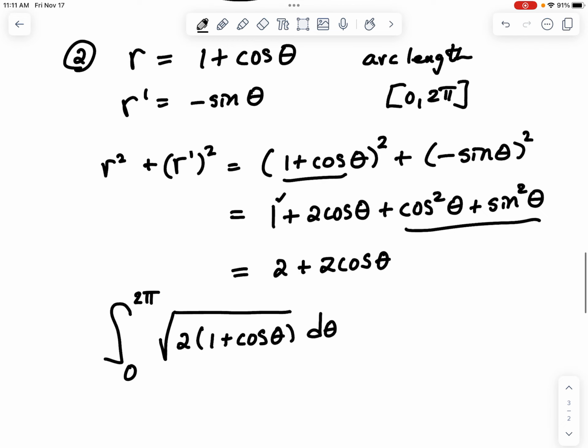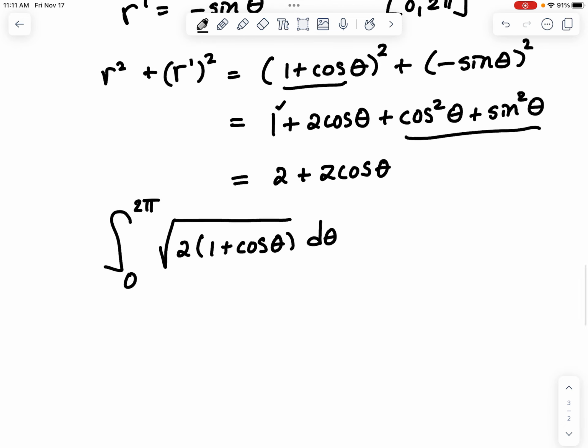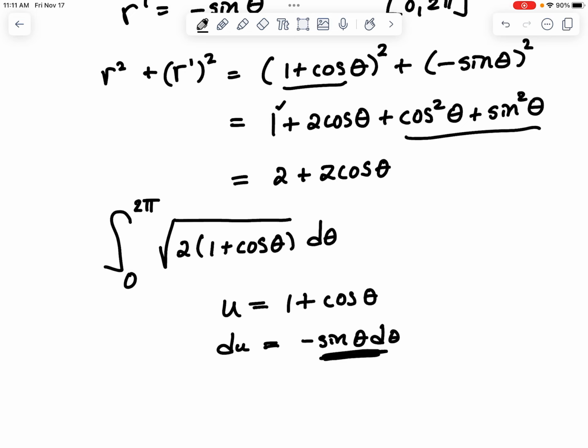Sorry, I thought I lost a negative sign, but the negative got squared, so negative squared is a positive. Okay, and so you look at this and you say, well, okay, I'll try u substitution, but that won't work because the derivative is going to be a negative sine, and that means outside of the radical, you would need a sine right there with the d theta. So that doesn't work.